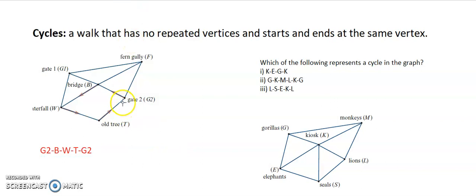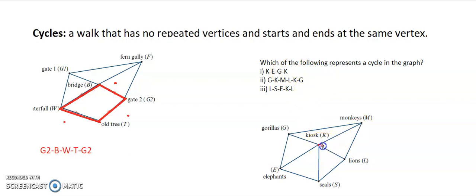So we can see here that we are not going over the same vertex, except the vertex at the very start and end is the exact same. So that means we should have only those two at the start and finish the same. Let's double check and find out which one of these graphs is a cycle.